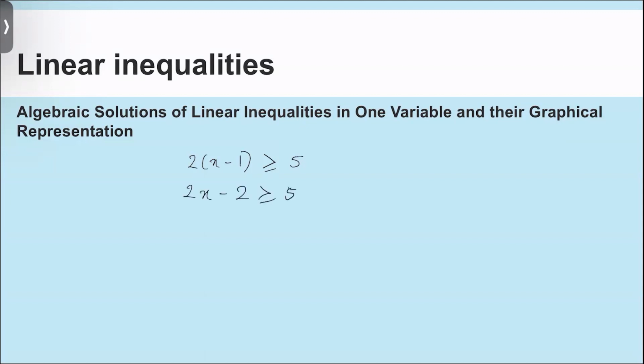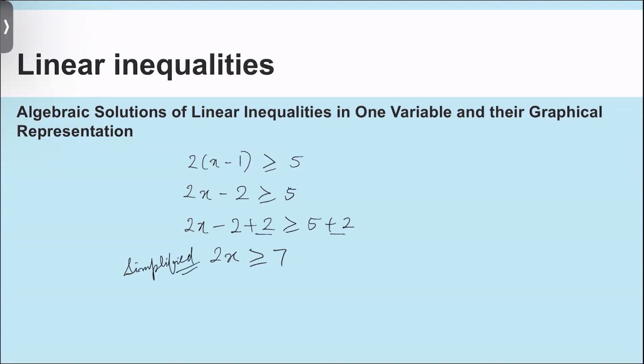Later on, we have also seen that we can add or subtract the same number from both sides of the inequality to simplify it further. So if you take this as 2x minus 2 plus 2 and 5 plus 2, we are adding plus 2 on both sides. What we get is 2x is less than or equal to 7. So this is now simplified.